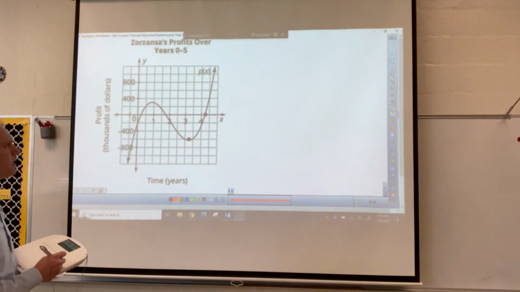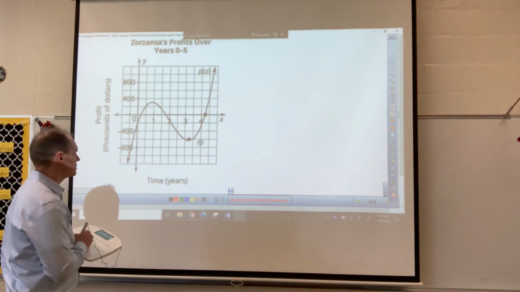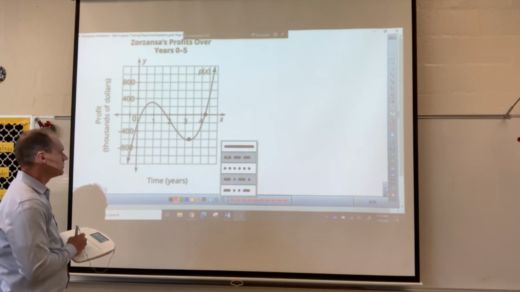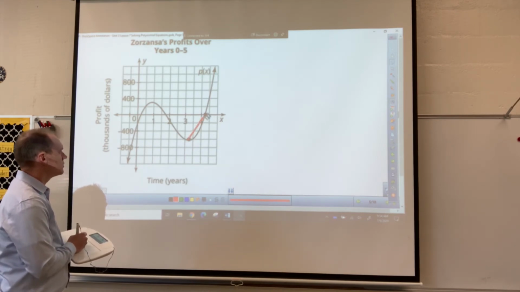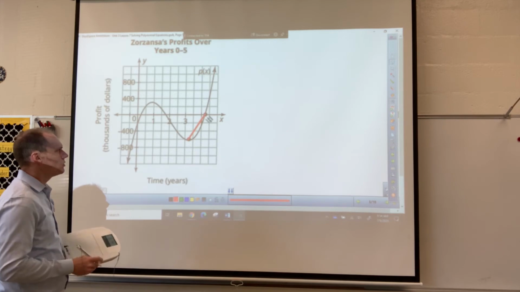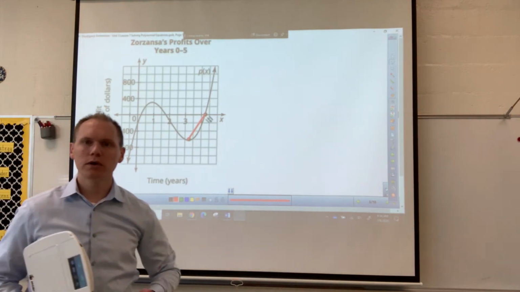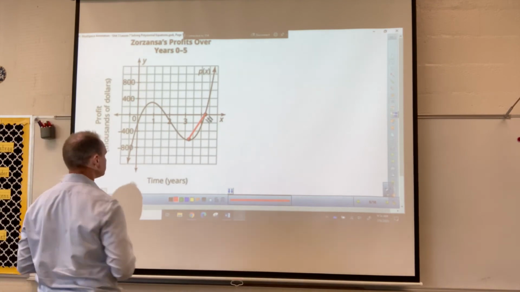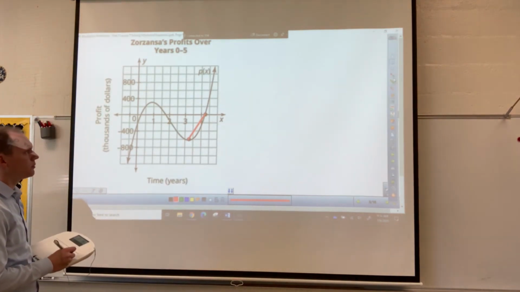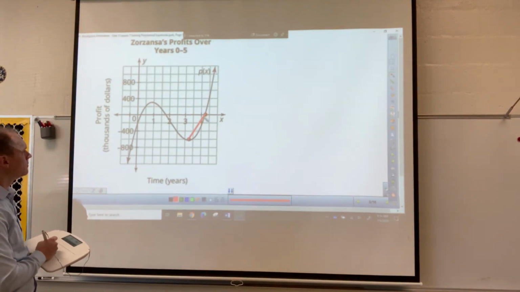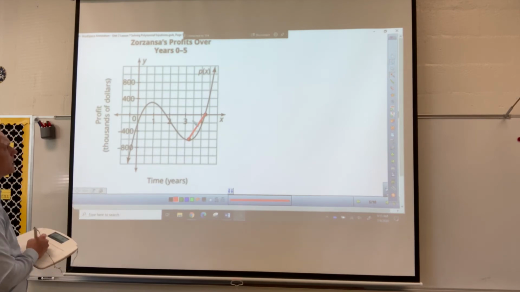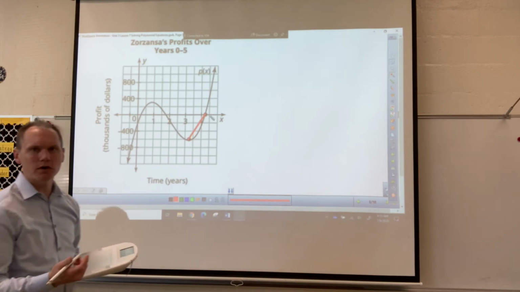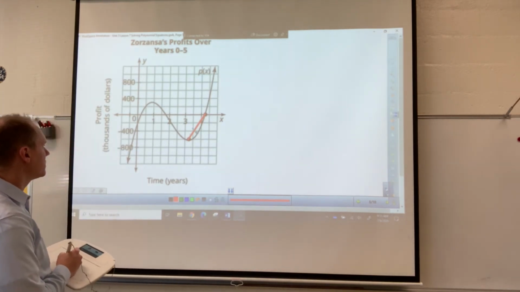Okay, so again, average rate of change is the slope of the secant line between the 2 points. So on average, how are we increasing in terms of our profit over that interval? So we want to think about our change in profit over change in time, or the slope of the secant line here.